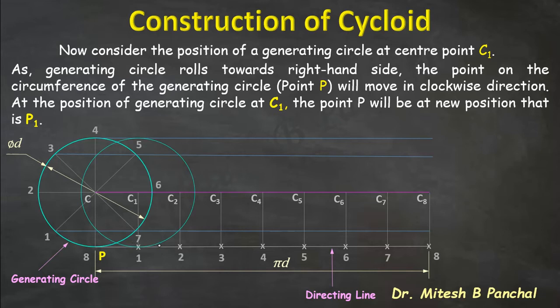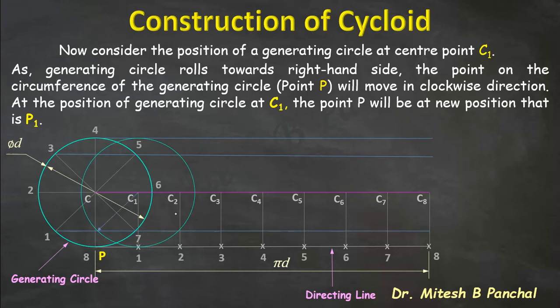At the position of the generating circle at C1, the center point moves from C to C1, and the point will be at a new position, that is P1. So how to obtain that P1 position when the generating circle reaches the position at C1?